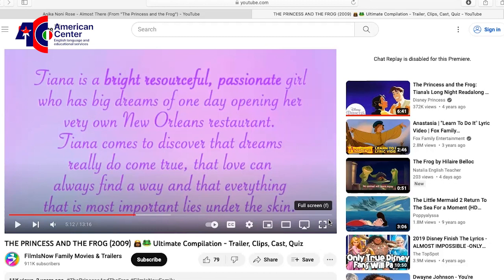Tiana comes to discover that dreams really do come true, that love always finds a way. This is very romantic. And that everything that is most important lies under the skin. In other words, not appearances.